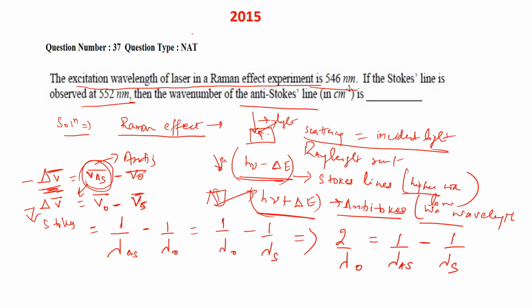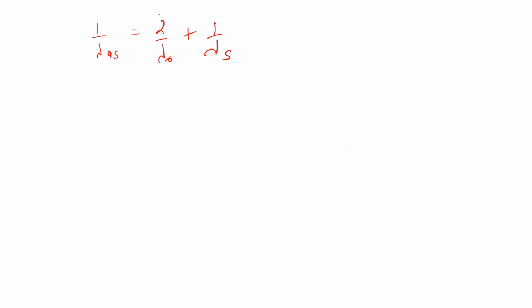No, I think it is minus 1 upon lambda s. So it will be 1 upon lambda for the anti-Stokes line is 2 upon lambda naught minus 1 upon lambda s.